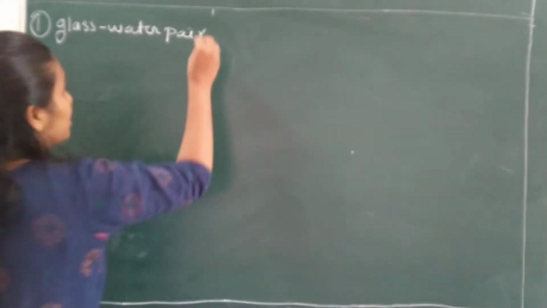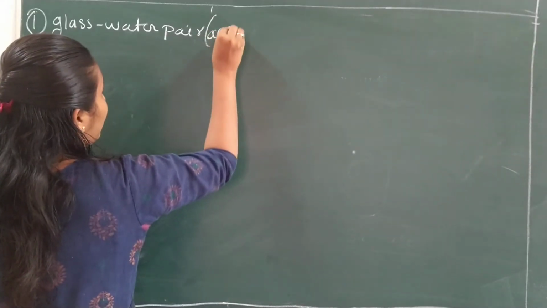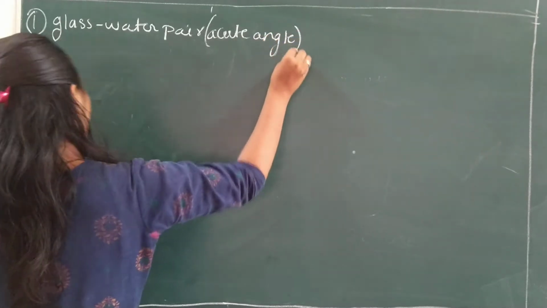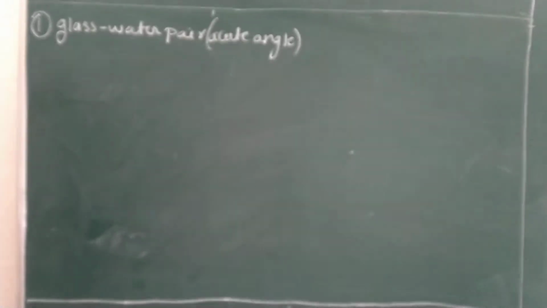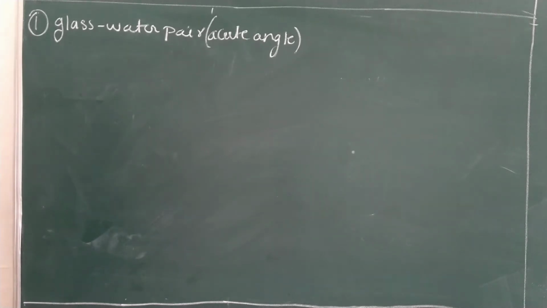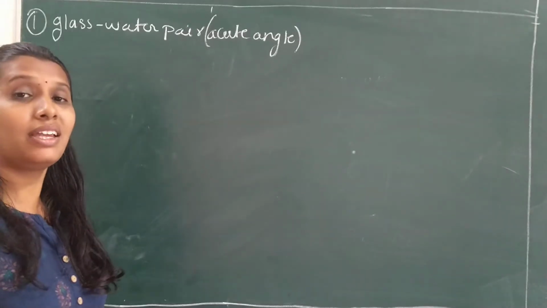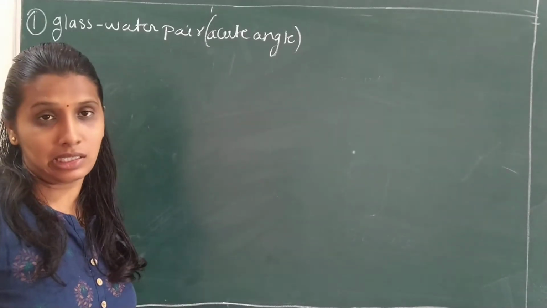Acute. That we have seen now. So acute angle. This is the angle of contact which was shown by the glass water pair. Now our question is how it is showing a concave shape of its meniscus.